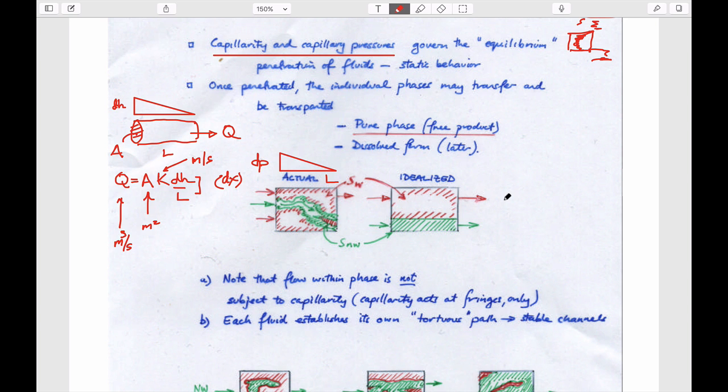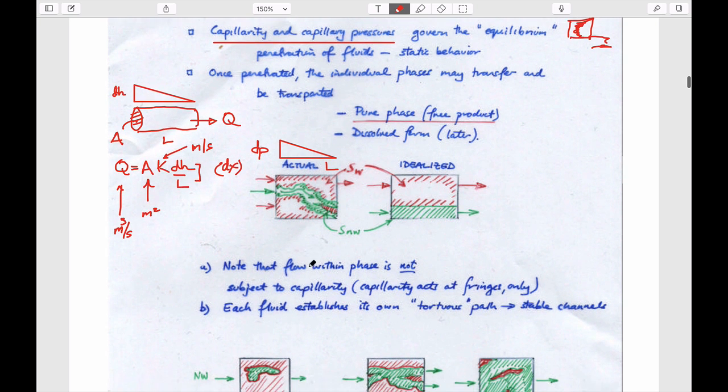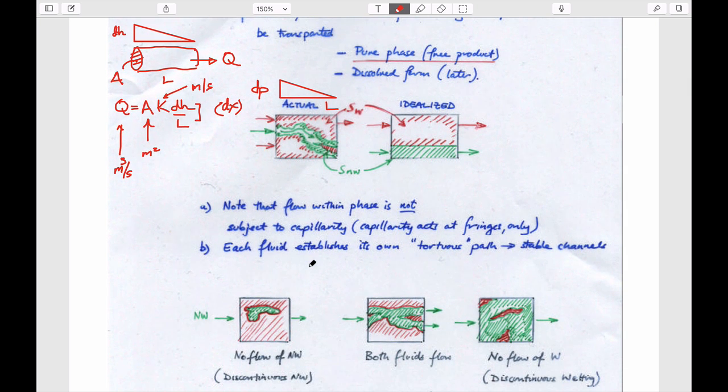And so what's useful to know is that we can do this so long as the boundaries between the red and the green fluid aren't changing, so long as the saturations aren't changing and this other fluid isn't invading the locations that were originally occupied by that first fluid. So that's the basic requirement for that. And so you could imagine that the ability to move fluids from the upstream on the left to the downstream on the right is conditioned by what this architecture is.